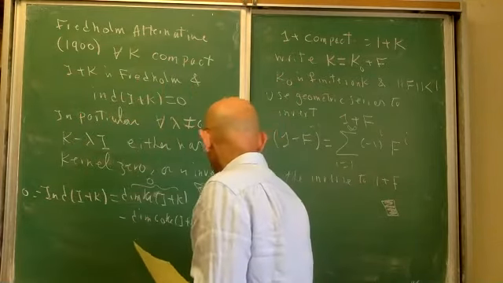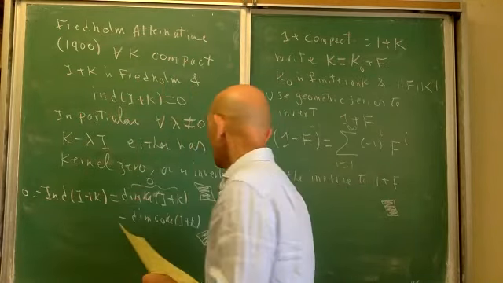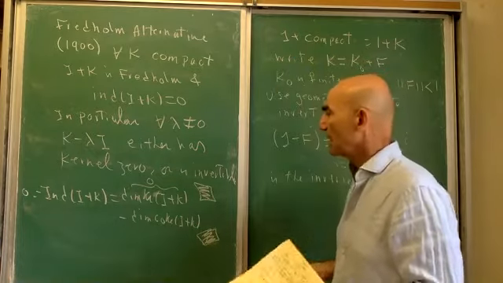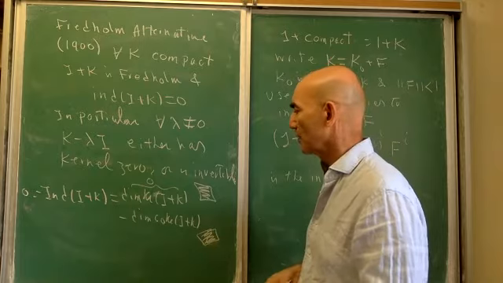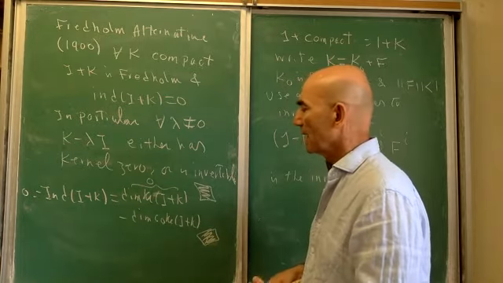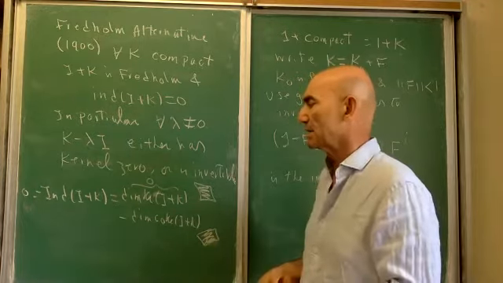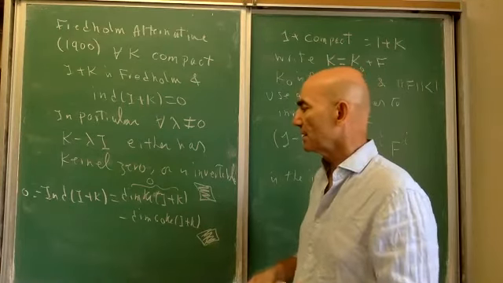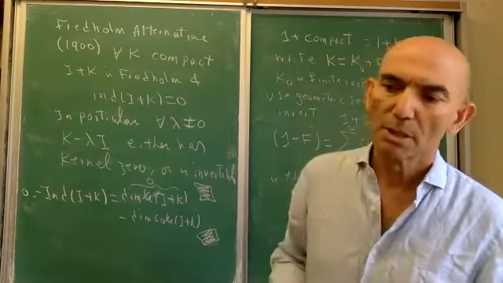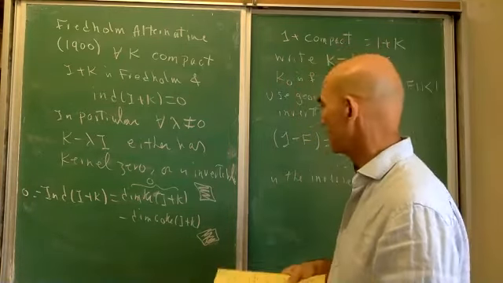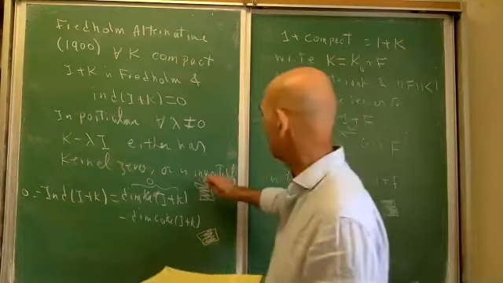Okay, so the Fredholm alternative, for us, is just the statement that if you have a compact operator, identity plus k is Fredholm and its index is 0. So either its kernel is 0 or otherwise it cannot be surjective. So there are some elements that are missing. It's not invertible.